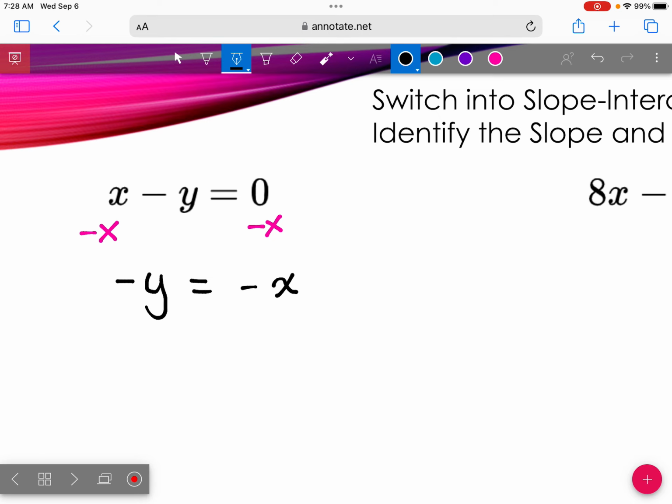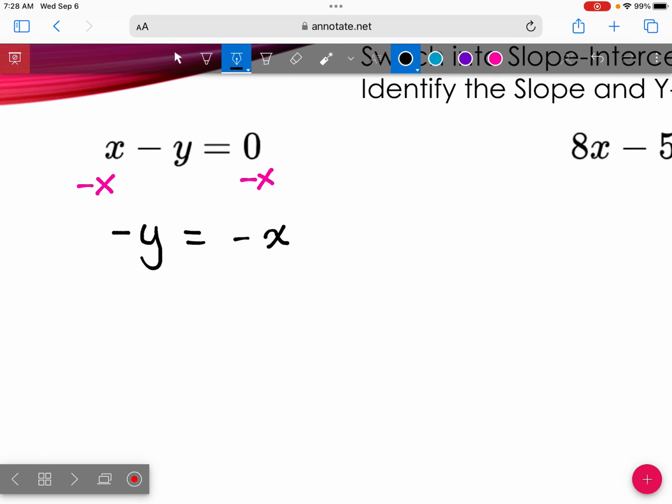You do not need to. What do we do next? Divide by -1. And you can either multiply by -1 or you can divide by -1. It means the same thing. So we're going to get that y equals x.